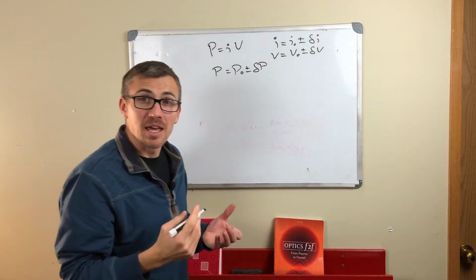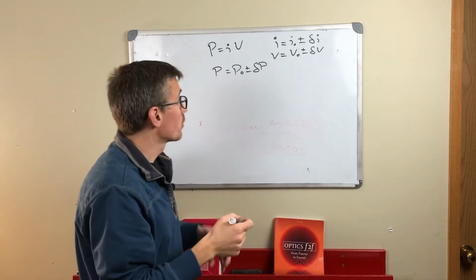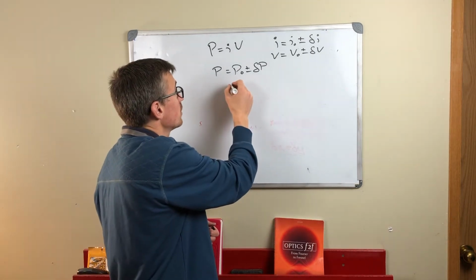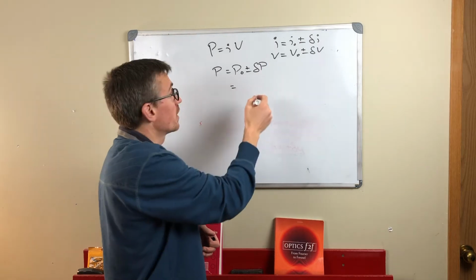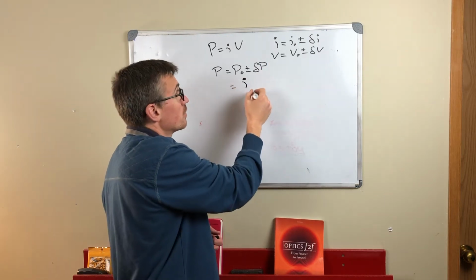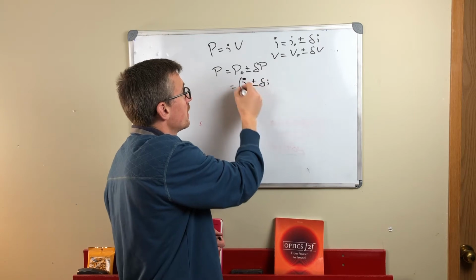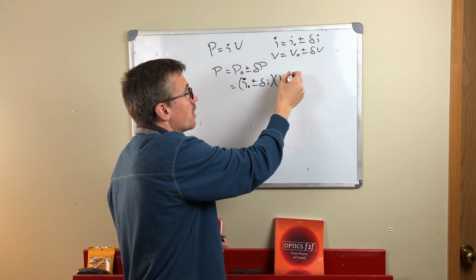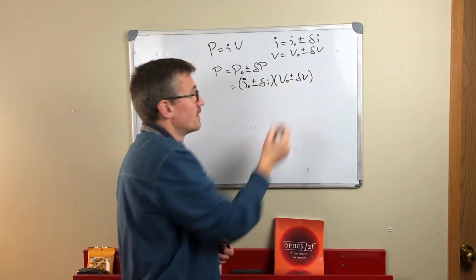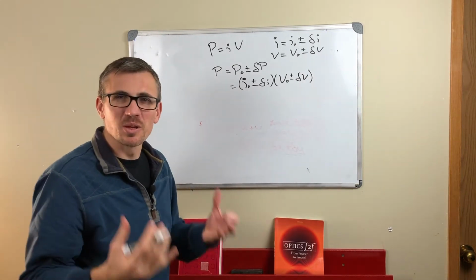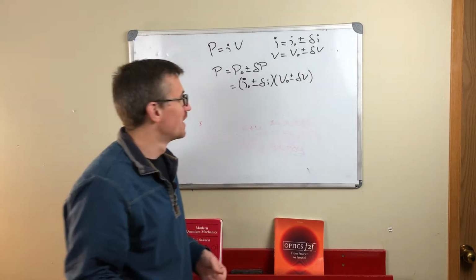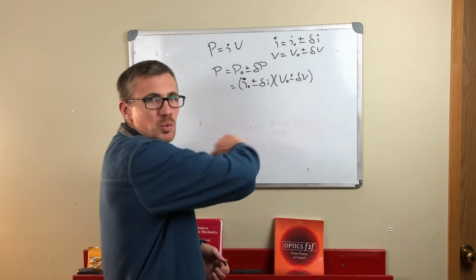Let's play the same game. We're just going to grind it through. So that's equal to the product of the two variables, I naught plus or minus delta I times V naught plus or minus delta V. And let's just assume that everything's against us, fate is against us, and we're going to get the worst possible case.